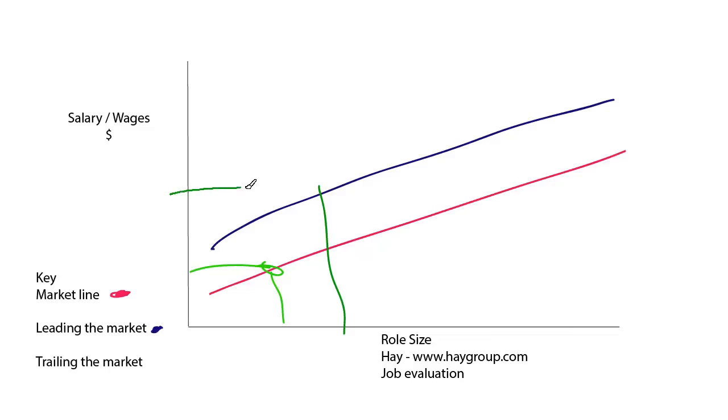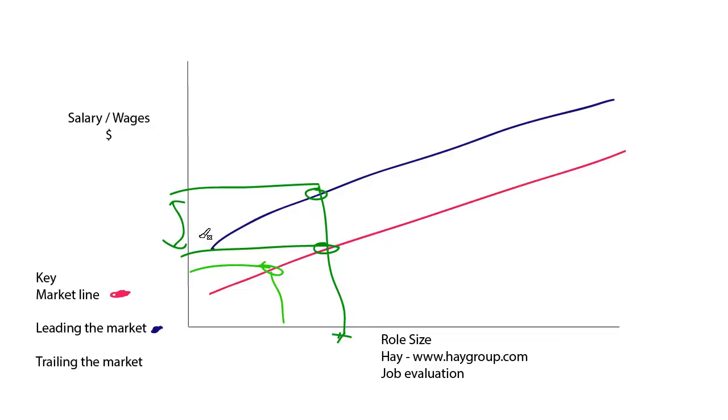Sorry about that. So this role here and this role here, both the same size in terms of their Hay evaluation, but as you can see, they're actually paid quite differently.